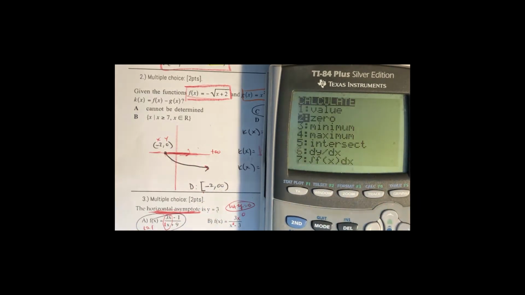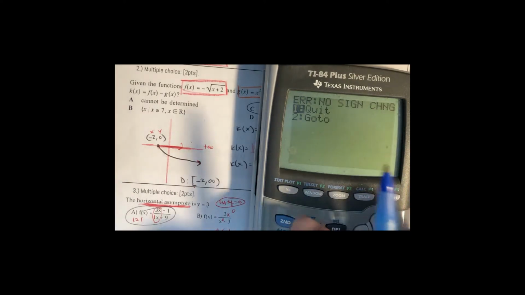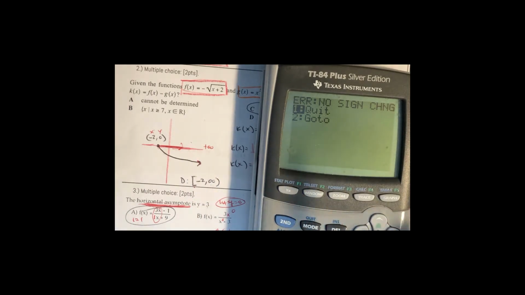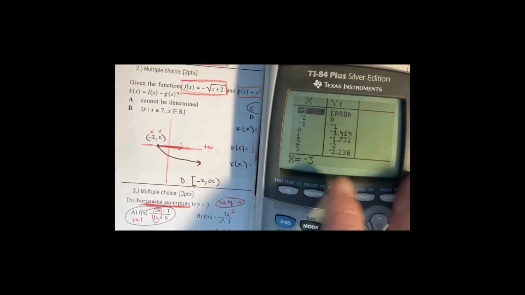You can find the x-intercept, 0. So to left bound, can you go to the left, and to the right bound? And what's your guess? Try to guess it exactly. No change in signs. Well, you can always look at your table of values. Let's quit, second table. And then there you can actually just see it's negative 2, 0.